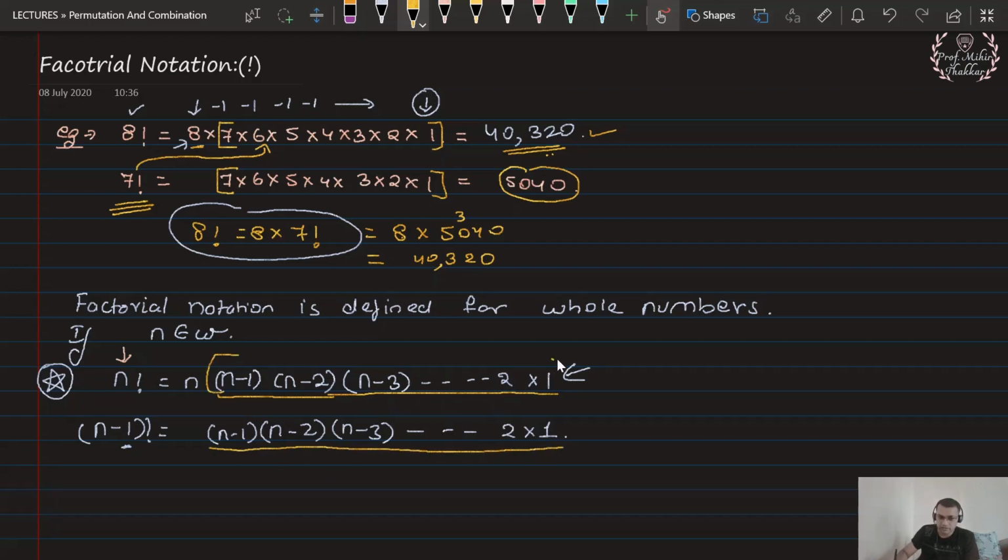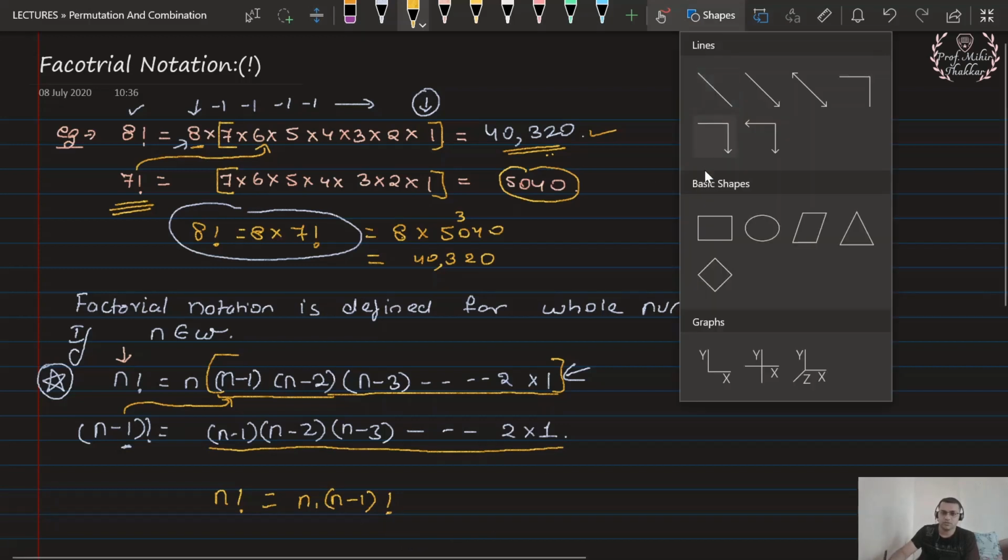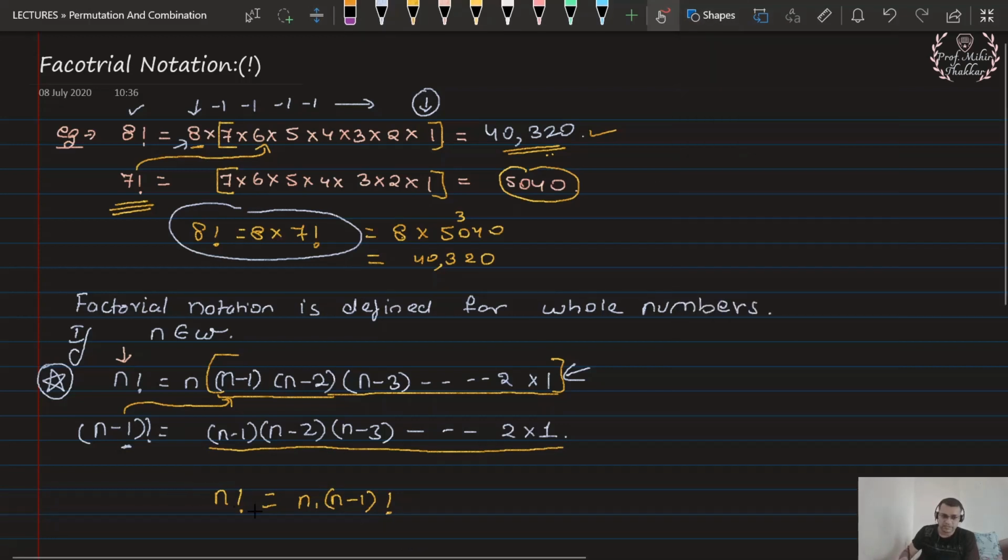All these numbers I replace by a small notation: n factorial is n into n minus 1 factorial. This is one very important formula that you have to remember.